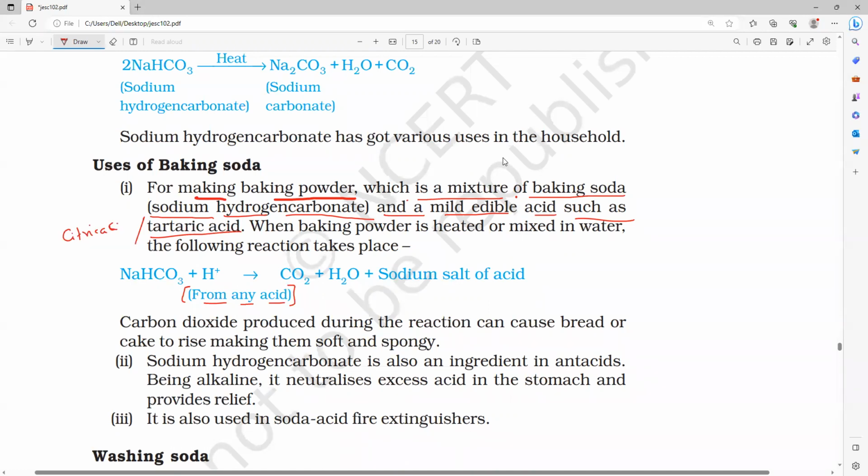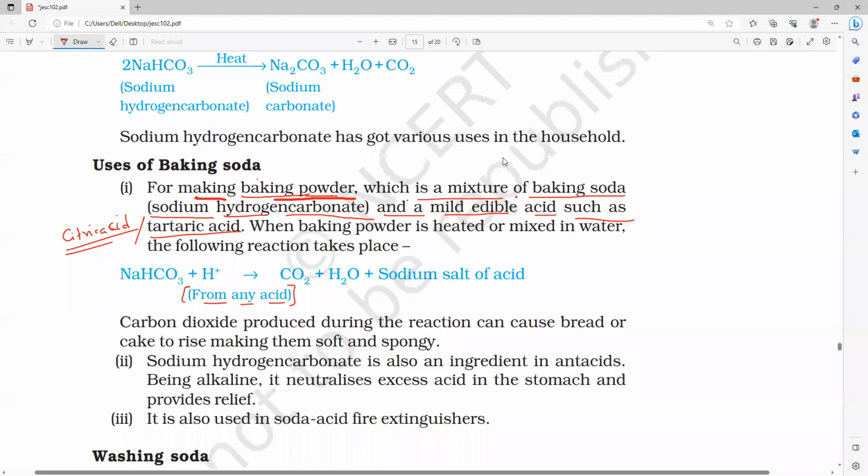So only one thing you remember, what is the importance of the acid? Basically in our home, the baking powder we find is a mixture, but as soon as you add it to the cooking when you are preparing a cake or something, then the reaction will take place.